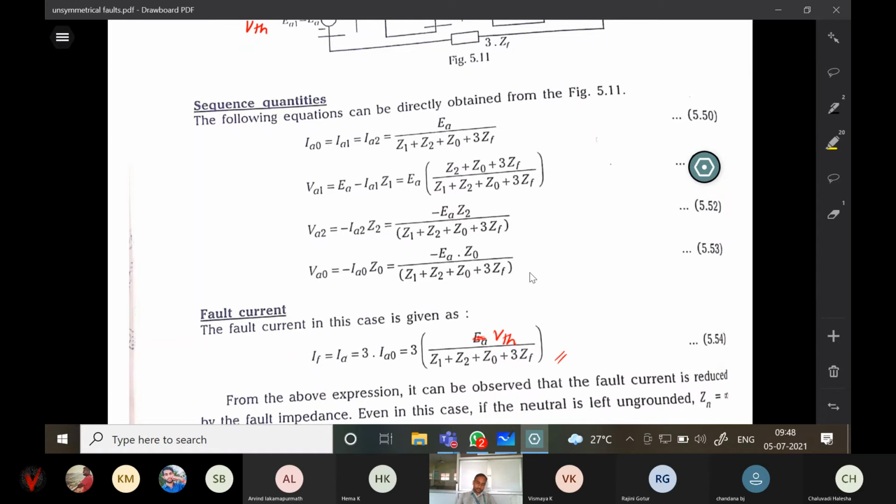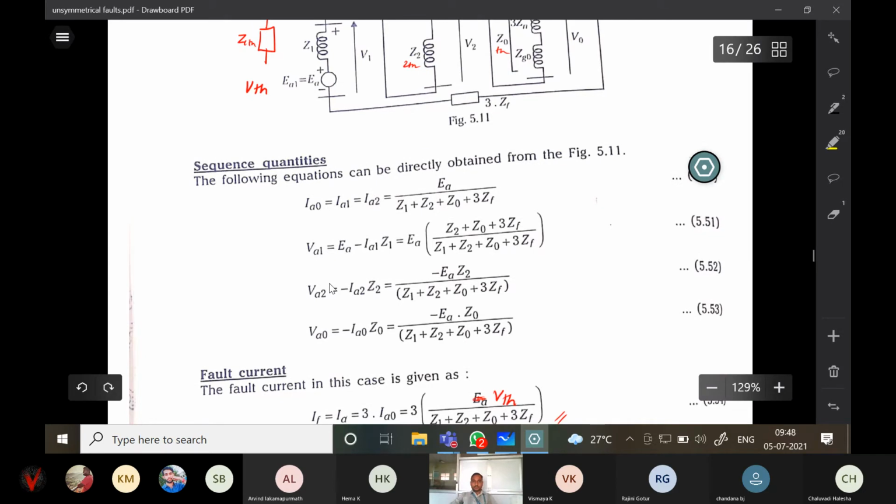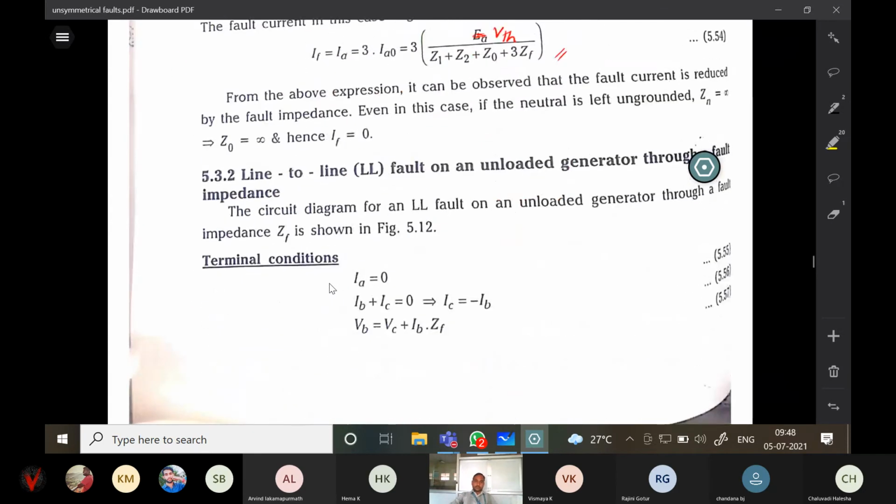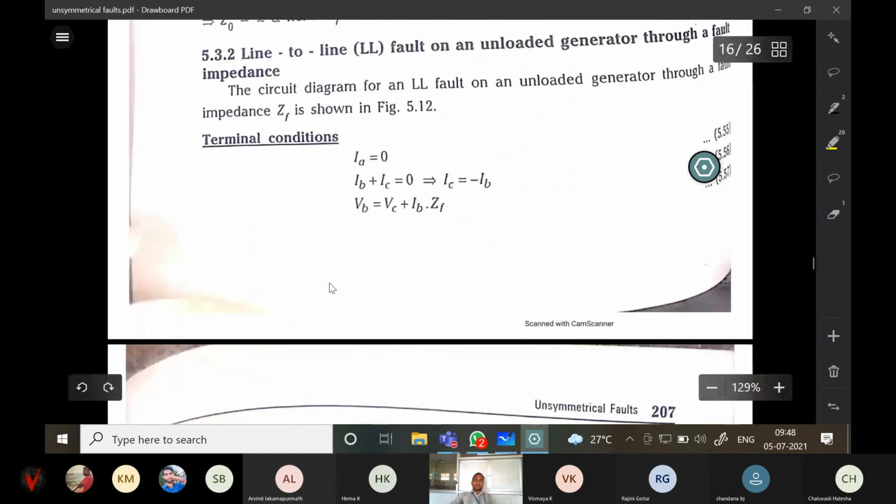Okay, so this is the derivation for the single line to ground fault in the power system. And similarly, the second one, the line to line fault in the power system, the second derivation.